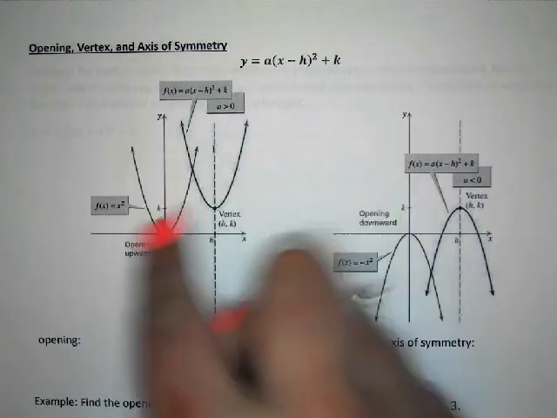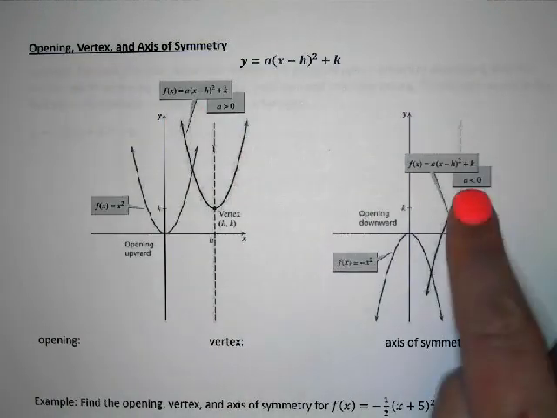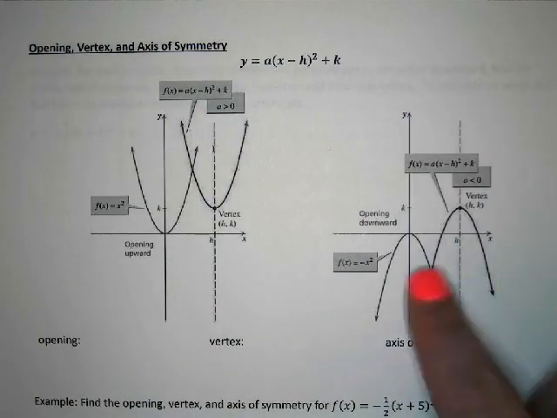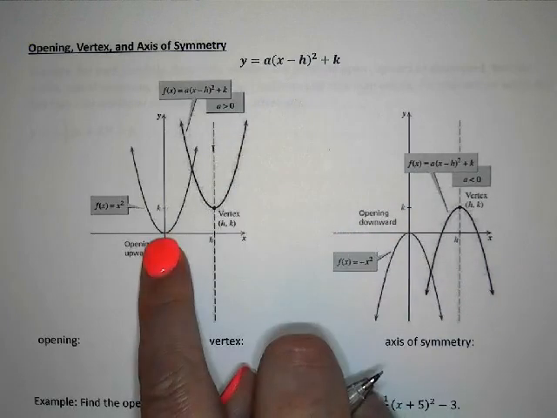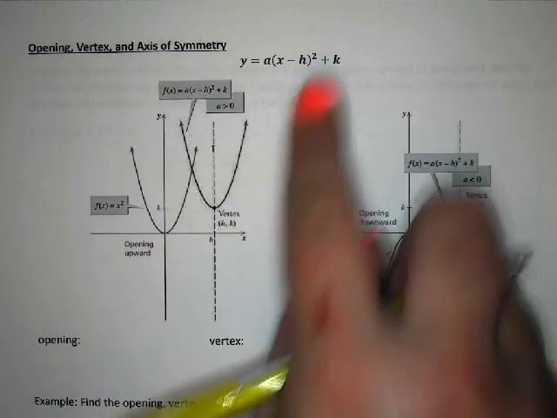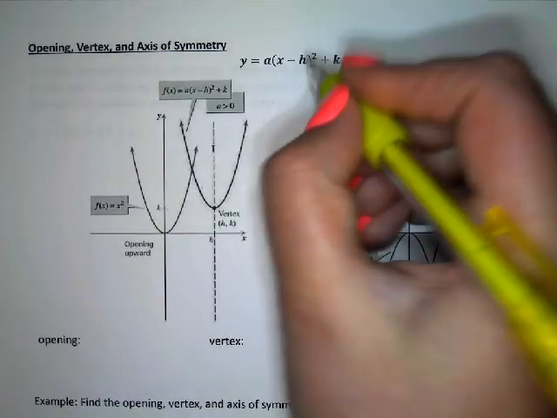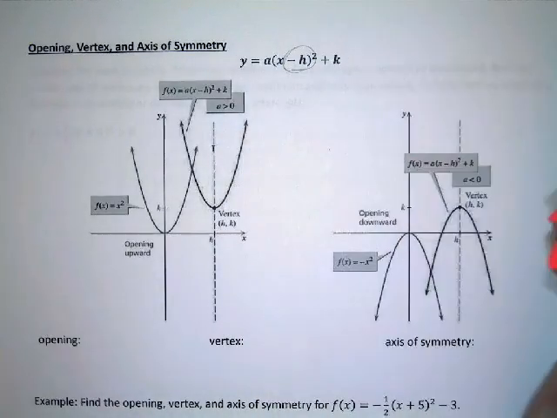If the a value is less than 0, if it's negative, the quadratic opens down. You can see from here that the vertex is (h, k), so it's the opposite of whatever the h value is, and then it's the same as whatever the k value is.